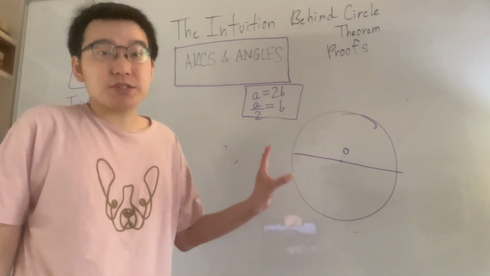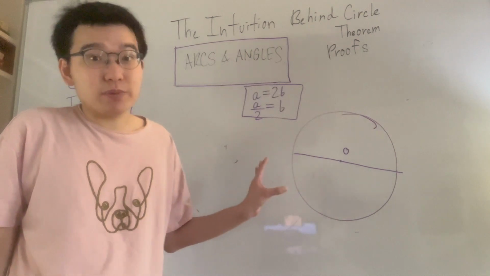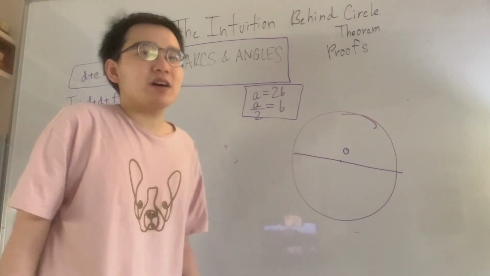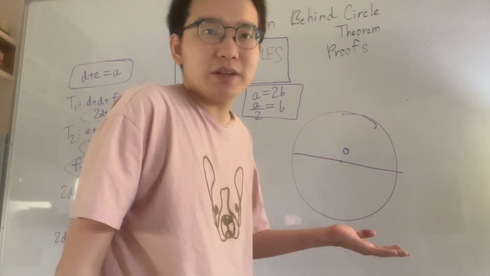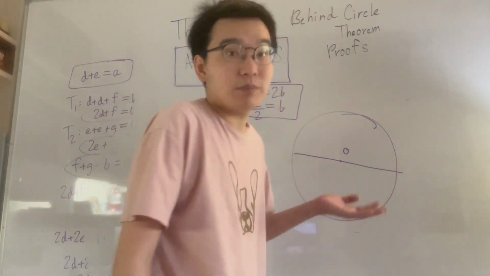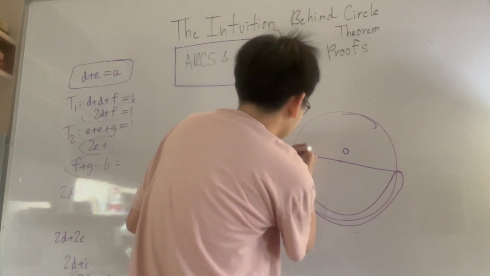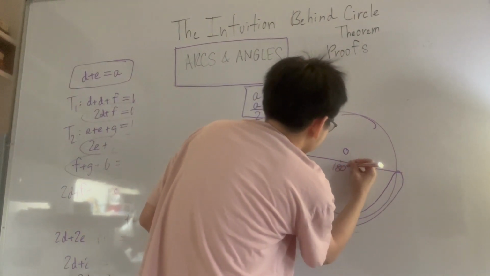remember that a straight line's angle measurement is always 180 degrees. The angle measurement that is the same of a semicircle, which corresponds to this part over here, is 180 degrees.